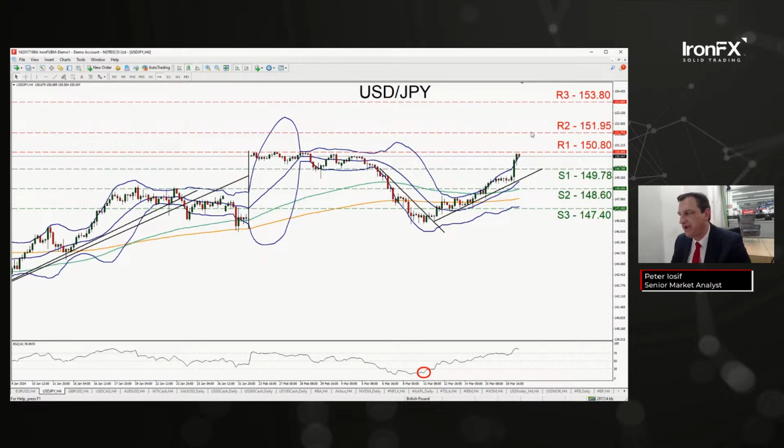Yet the question arises now, how do we find the R3? Now, we took a mixed approach. On the one hand, we saw former peaks which date back 30 years. The question which will be set by any individual trader would be, and it's logical, how valid could a 30-year resistance level, a 30-year peak today, be?